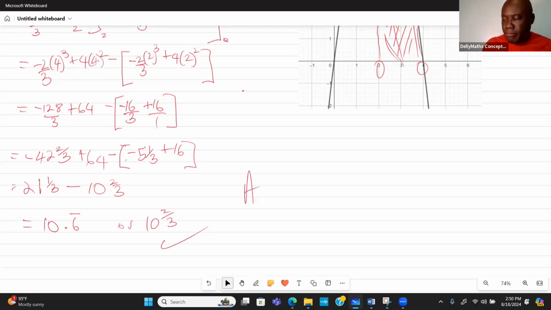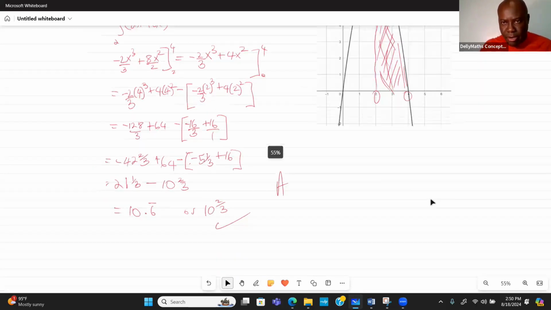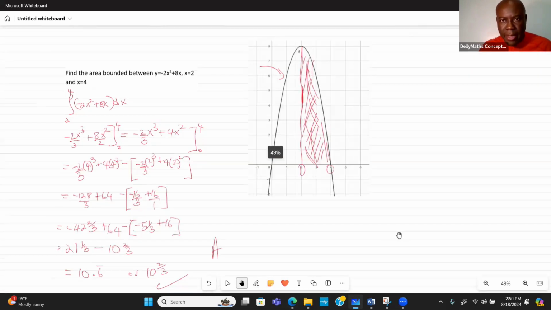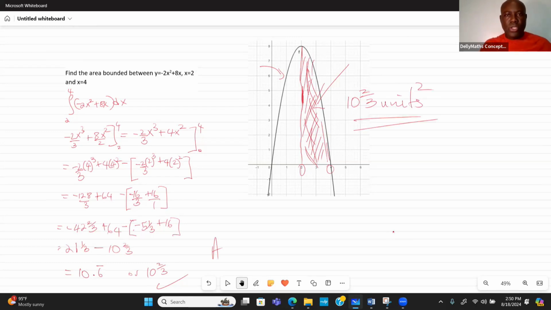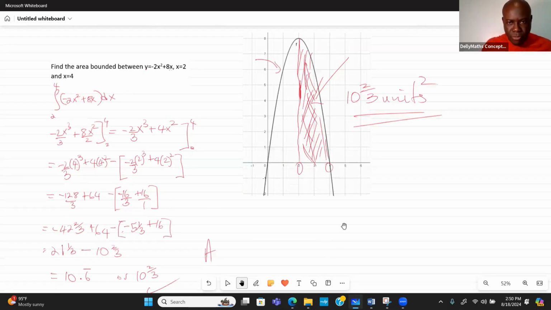So the area here, the area of this right here, we're suggesting that this area covered is 10 and 2/3 units squared, right? So that's what we have in that case right there. Let us take a look at the last one now.